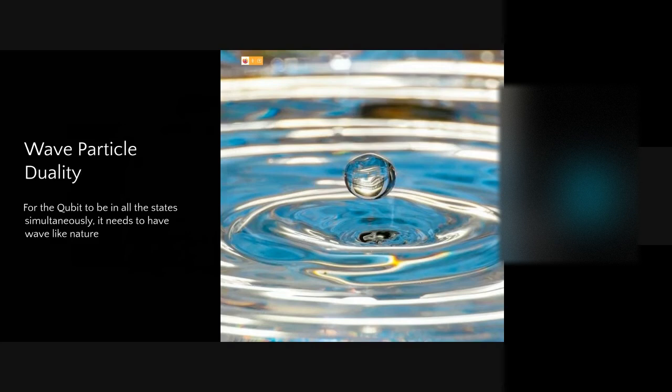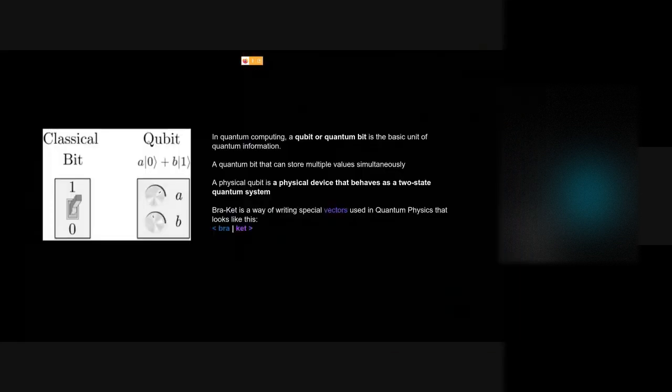And because of the wave nature, we have that problem of tunneling, because of increasingly smaller sizes of transistors. So now over here, there's this new word, qubit. In classical computing, we have the classical bit. In quantum computing, we have the quantum bit, which is called a qubit.